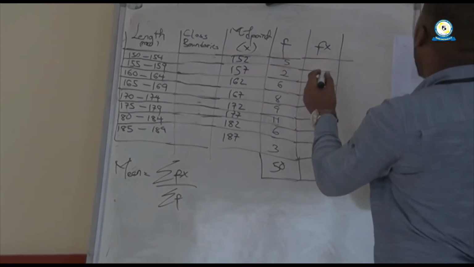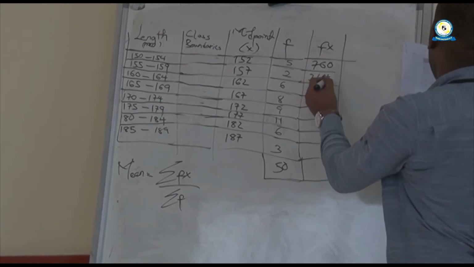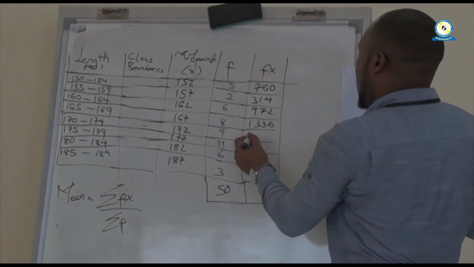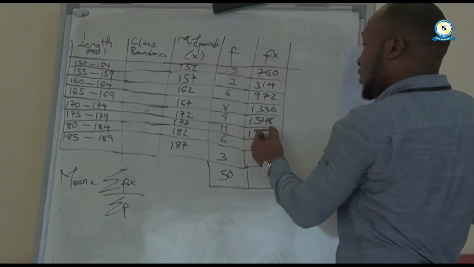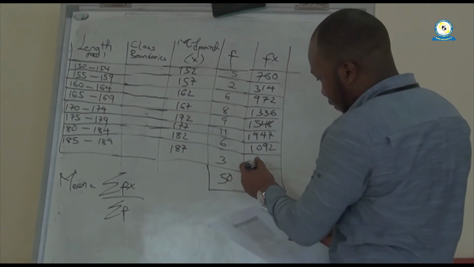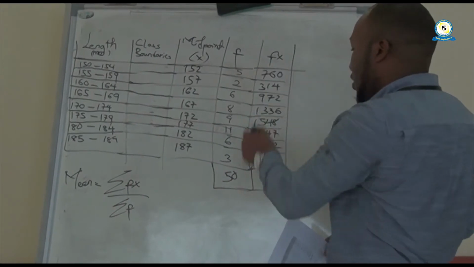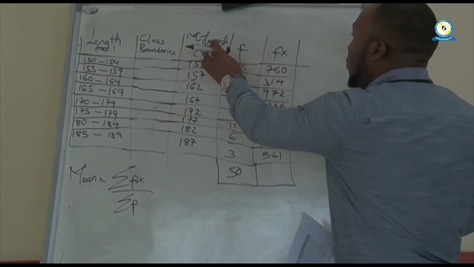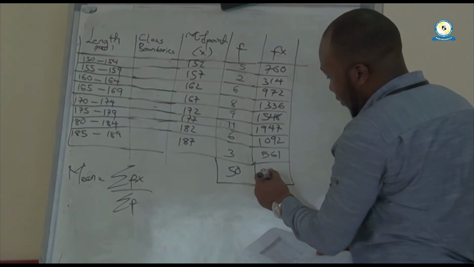So when we multiply midpoint times frequency, we get 760, 314, 972, 1336, 1548, 1947, 1019, 561. Now we need the total of this. This sign means total. The total of f of x gives us 8530.